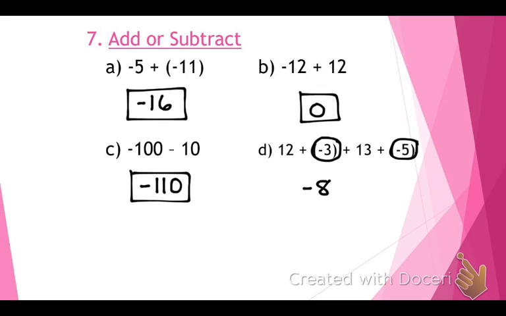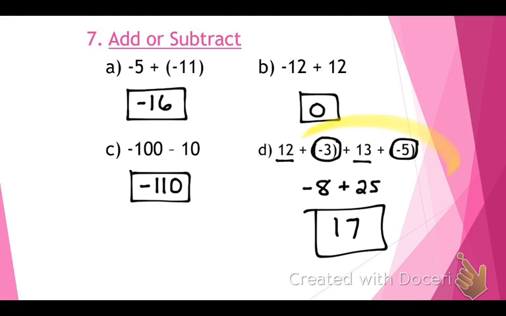Then she took her other like terms, 12 and 13, and what is that? 25. Now you can see this is a normal integer problem. Same sign, add and keep; different sign, subtract and take. What do you get? 17, the same answer that Isabel got. On your quiz, I do not care how you do it, but I do want you to show me some kind of work when you do that sort of problem.